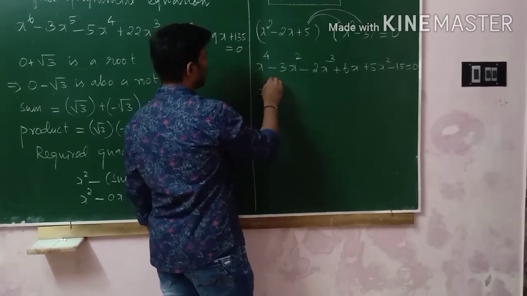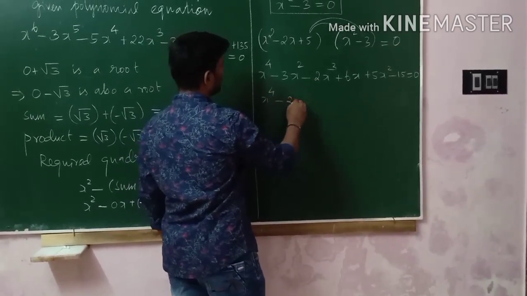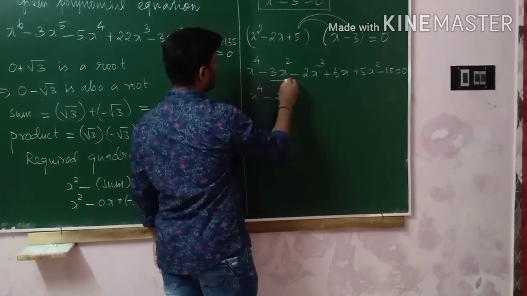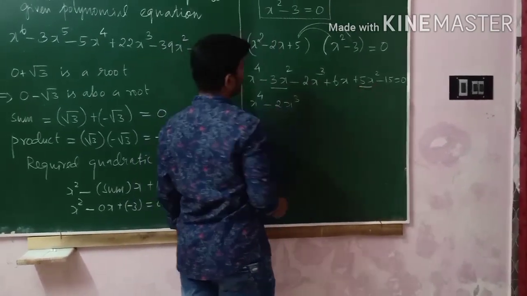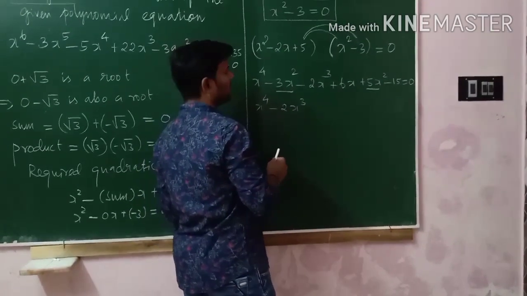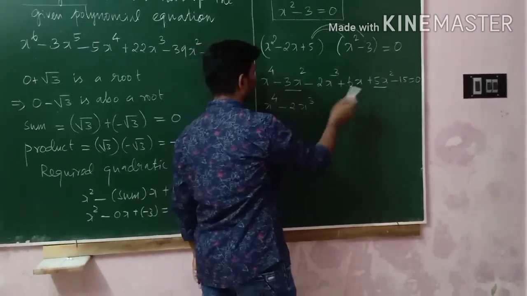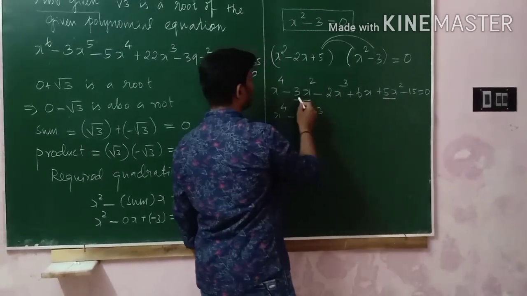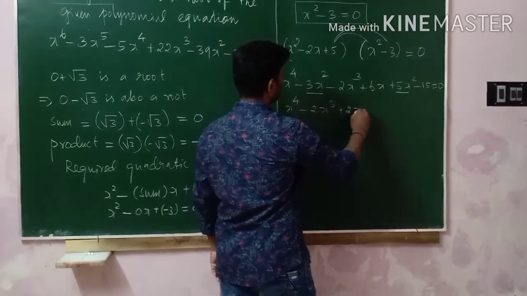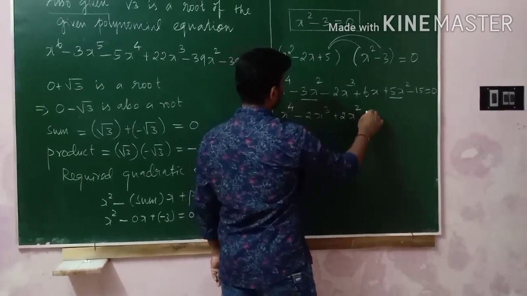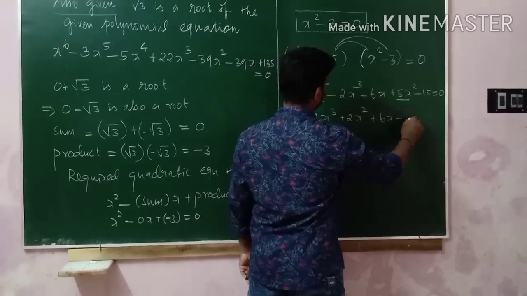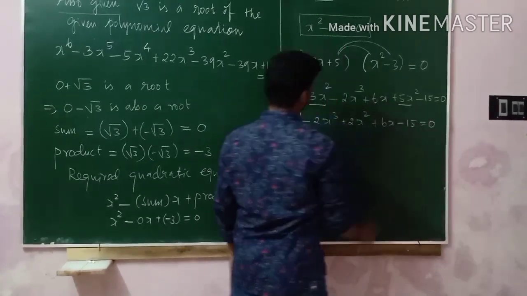So x power 4 minus 2x cube minus 3x square plus 5x square. Always the x square terms will be added or subtracted. So 5x square minus 3x square is 2x square plus 6x minus 15 equal to 0.